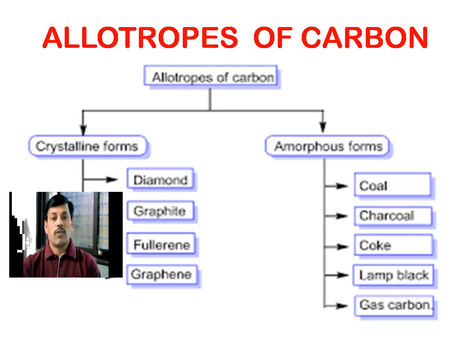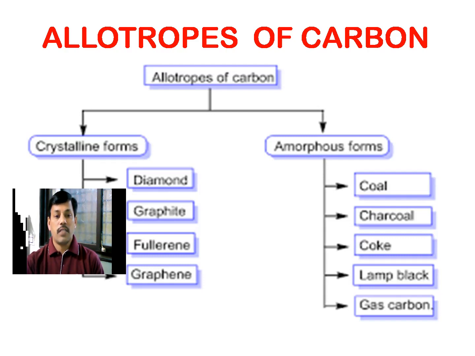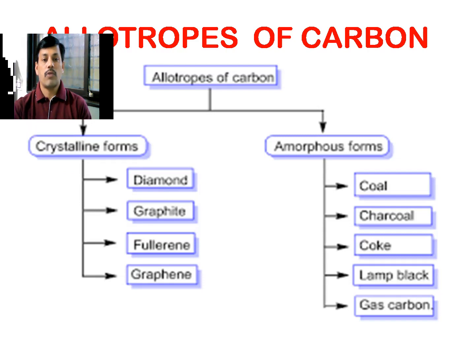Allotropes of carbon are of two kinds: crystalline forms and amorphous forms. Crystalline forms have a proper arrangement of atoms or ions in a particular pattern, and in amorphous forms the arrangement of molecules is random, which means it does not repeat.